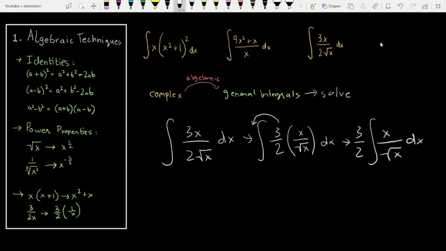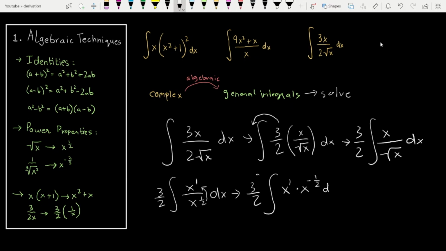And now I know that this square root x, I know what it means. I know that this basically means this thing. And so I know that I can take this to the numerator, and that's basically going to turn into something like this. So this x has a power of 1, and it's going to be multiplied with another x, but it's going to be minus 1 by 2 dx.